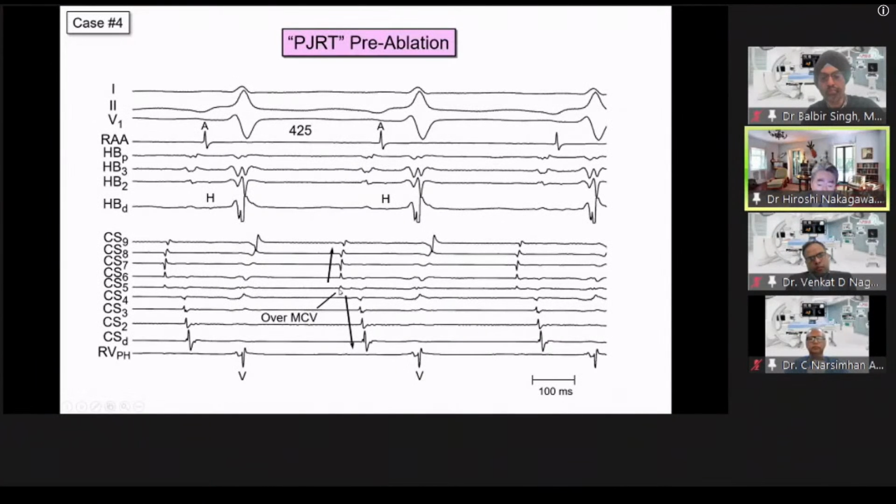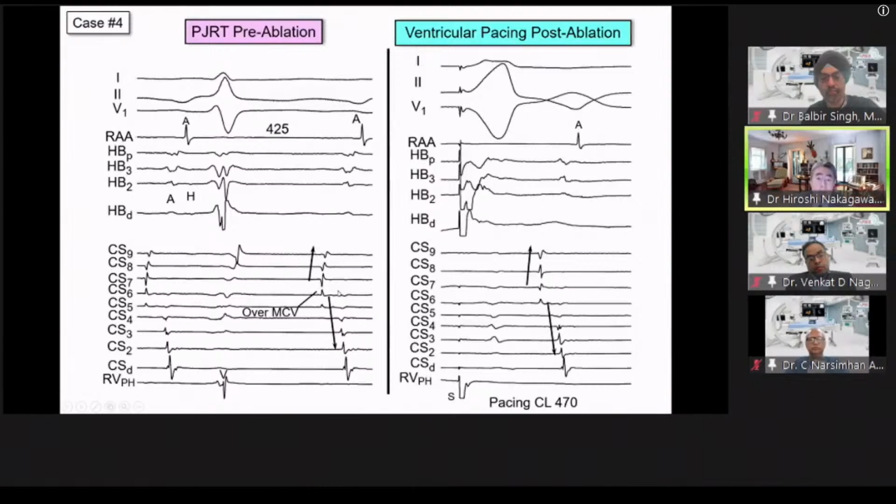You see CS4 and the earliest A activation is actually at the mouth of the MCV. We don't show it here, but after termination of the PGRT, this is after ablation, again with ventricular pacing. Look at the parahisian pacing during tachycardia and during V pacing. It's identical to during tachycardia. The question is whether the pathway is still there.